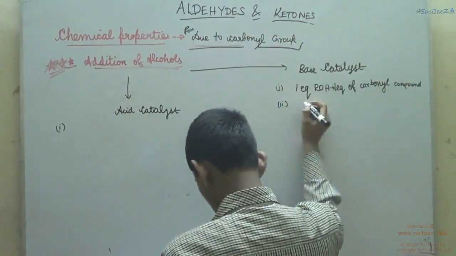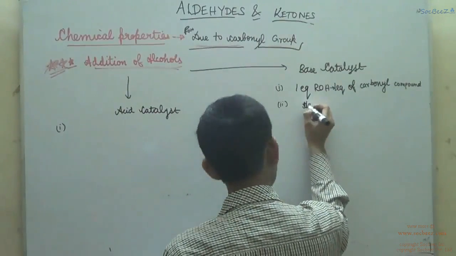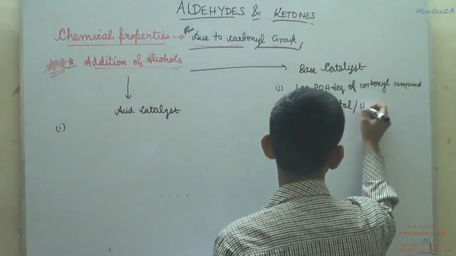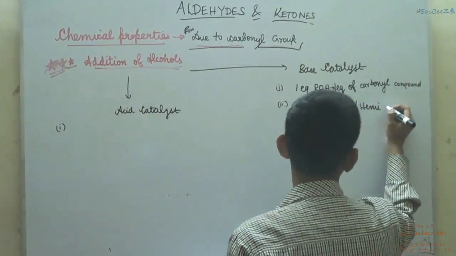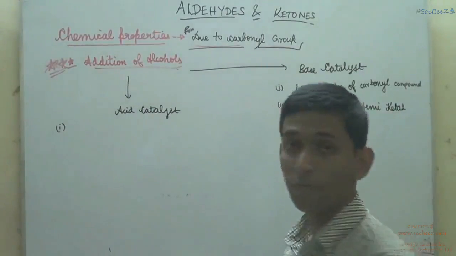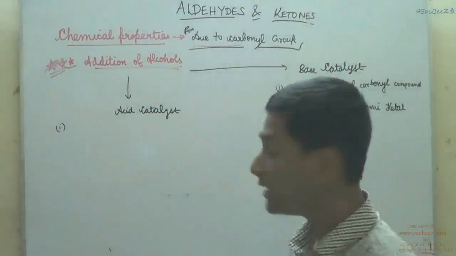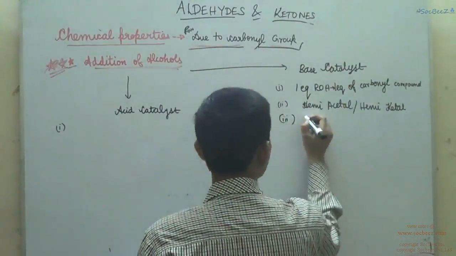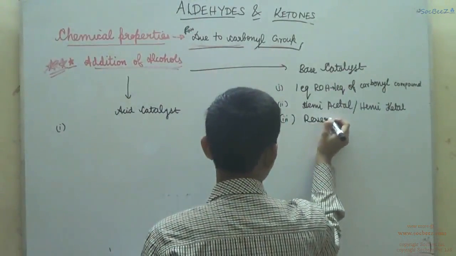That is the first thing. Second thing, hemiacetal or hemiketal is the product, depending upon whether it's an aldehyde or a ketone. For ketone, ketals are the product. For aldehyde, acetals are the product. And the third thing is this is a reversible reaction.